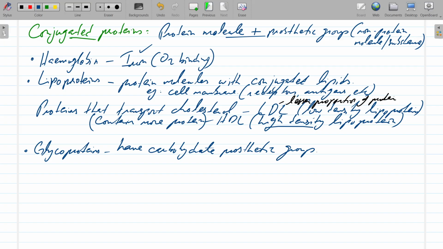What the carbohydrate molecule helps them to do is retain a lot of water and makes it more difficult to be digested by proteins. So the carbohydrate retains a lot of water and makes digesting it difficult.